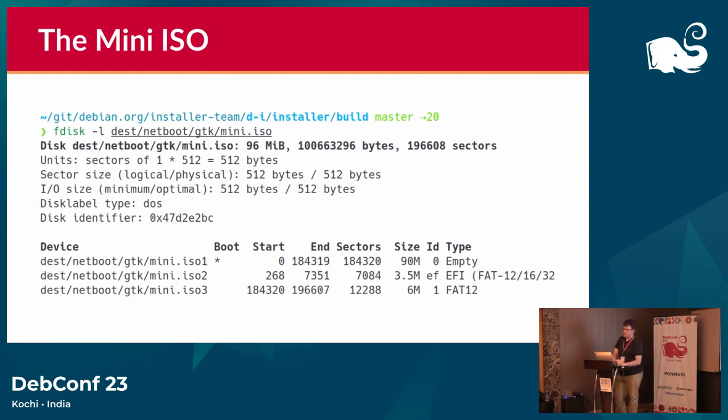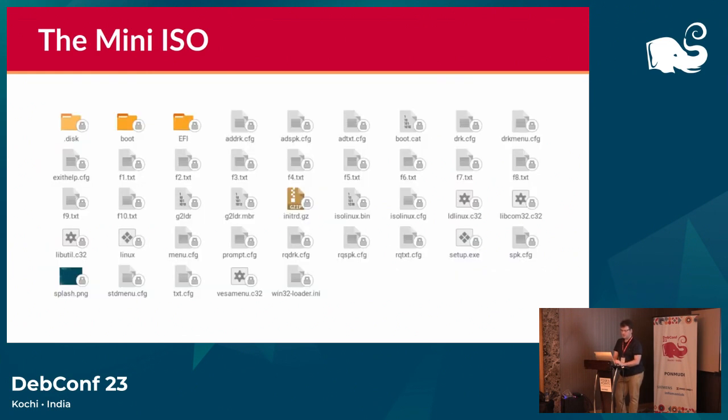The third partition is 6 megabytes and empty. It's called firmware, but this one might not be able to load firmware. That's a bit of a problem. But the main contents of the mini ISO are in the first big partition, and there's a lot of files here. For starters, there's the .disk directory that helps GRUB recognize the contents of the image.